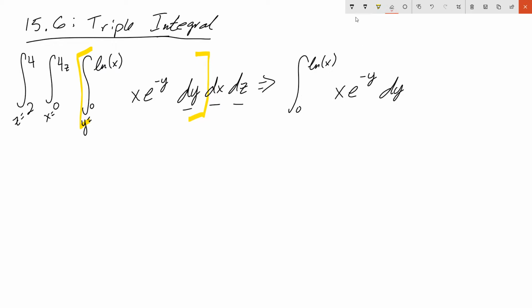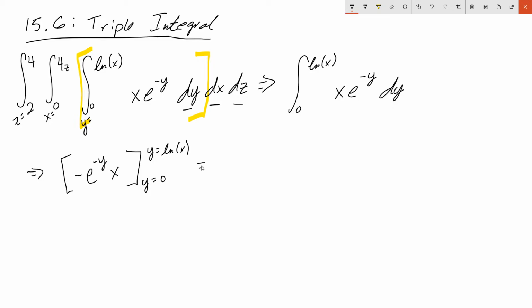That's fine. And so this one is obviously just going to be, again, x is constant, so we have negative e to the negative y times x, on bounds from y equals 0 to y equals ln of x. Okay, so not terribly complicated here.